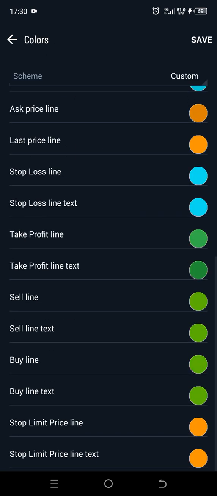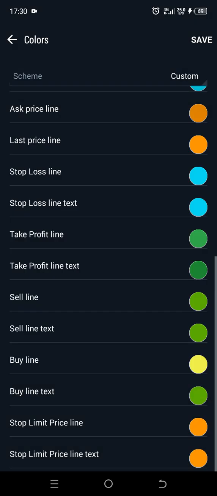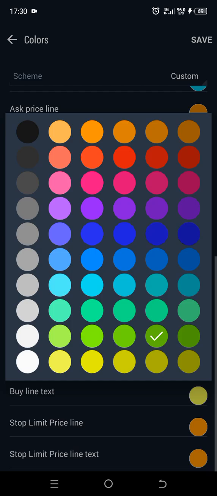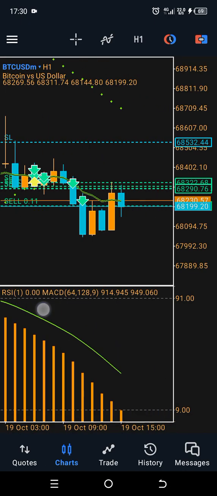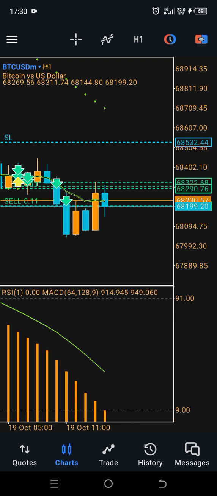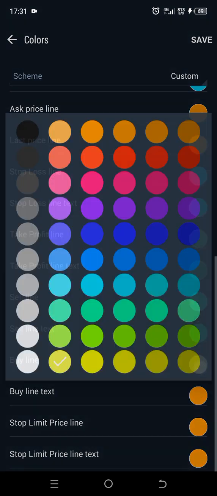So if they are gold, we can say the buyers are yellow, and the sellers are more greenish. So you totally see where we closed, but that's not clarity. We want clarity on the market. So let's make this to have clarity.